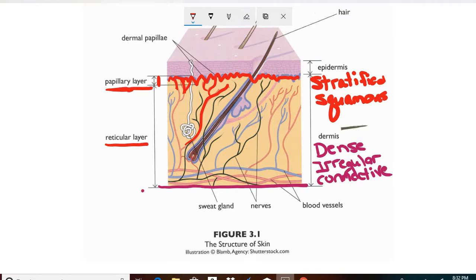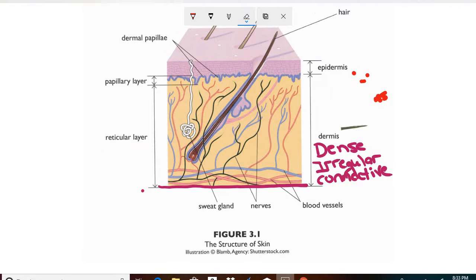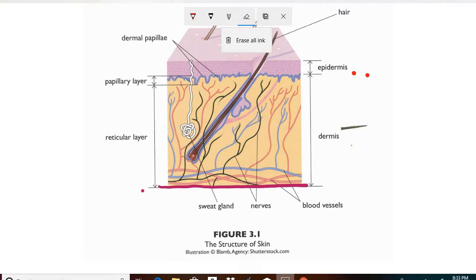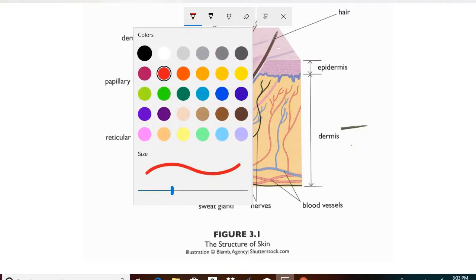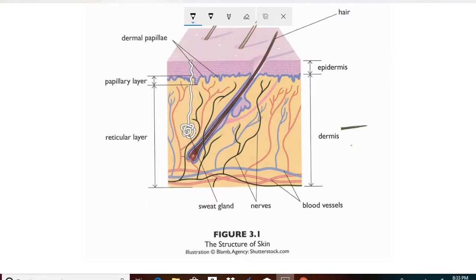The other thing that you see in the epidermis, and again, we don't show that on this picture, but I do want to point out to you that within the epidermis are these things that are called epidermal ridges.